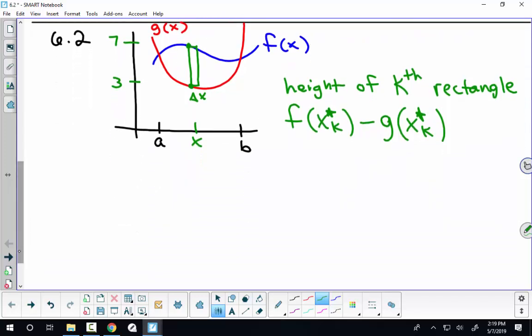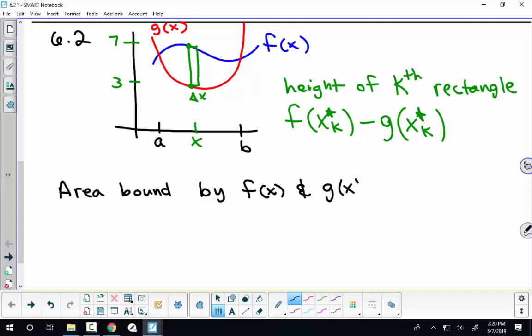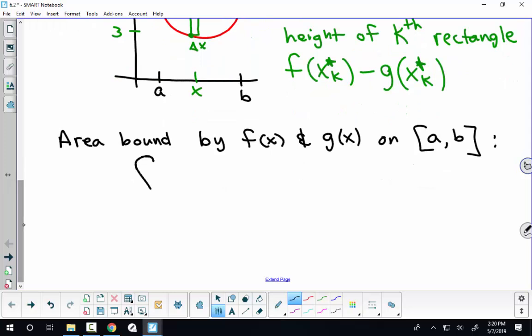In other words, to find that area bound by f of x and g of x on the interval a b, we have to compute the integral from a to b of f of x minus g of x times dx.